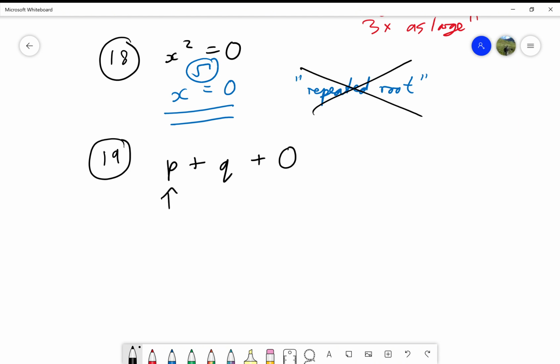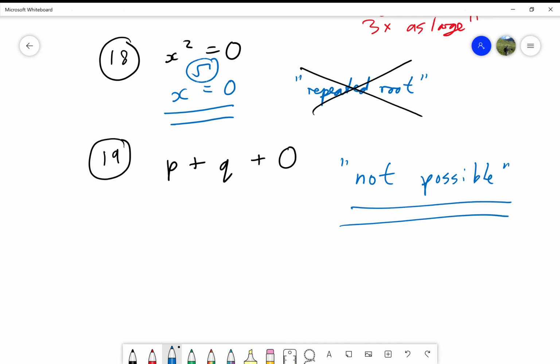That is a letter P, that is a letter Q. Answer. Well, I actually wrote this wrong by accident, but it's fine, because it's teaching something else. It's not possible. Why is it not possible? Because there's no equals sign. Where's the equals sign? There is no equals sign.